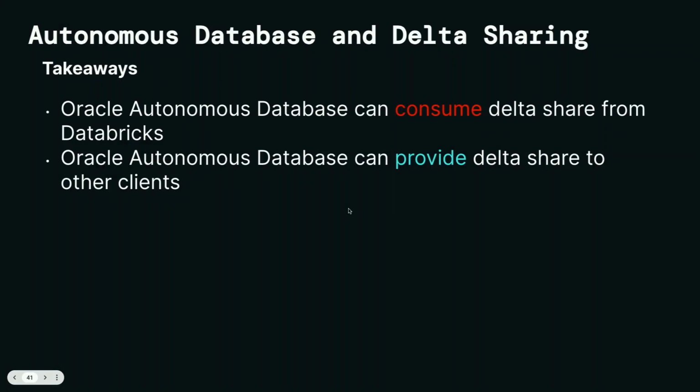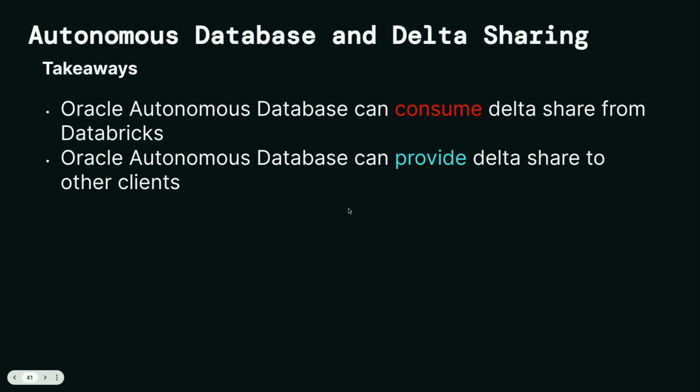All right, let me just highlight what I would like you to take away from my part of the presentation, just two pieces. Oracle can be a data sharing consumer. Databricks is of course supporting and pioneering and doing great with data sharing, and if Databricks is your data sharing provider, Oracle can be a consumer.